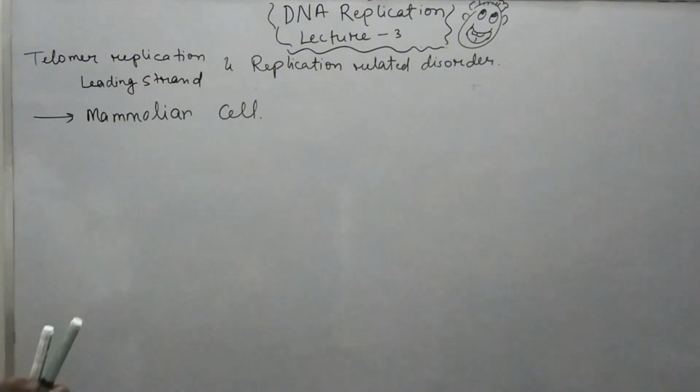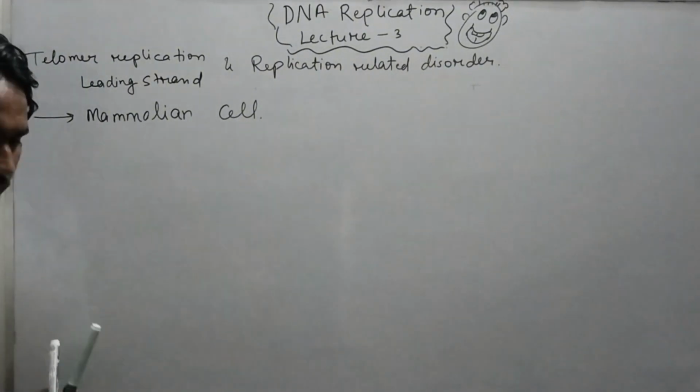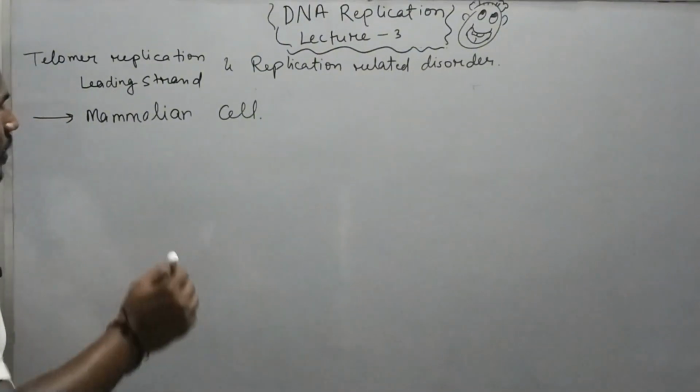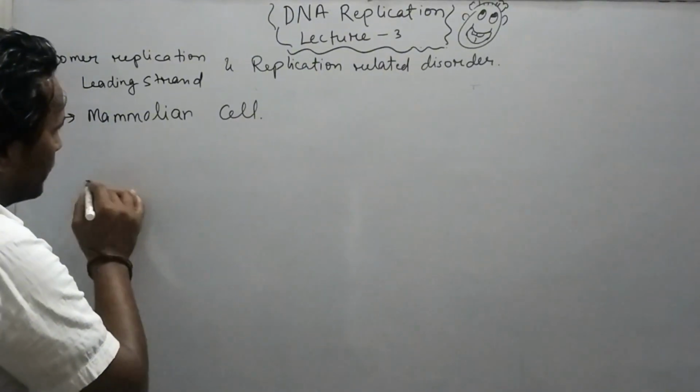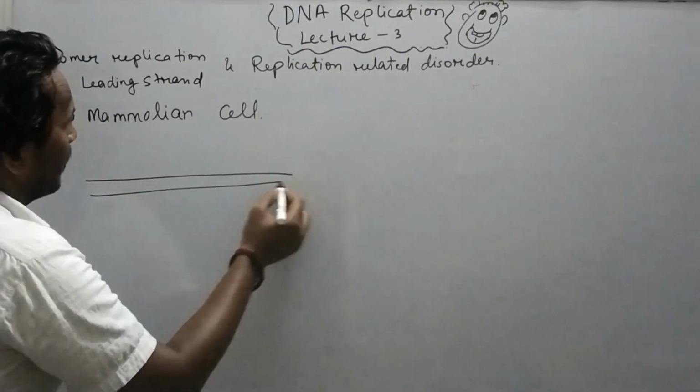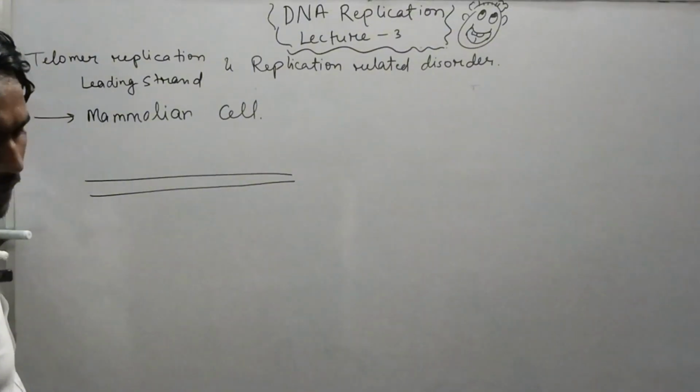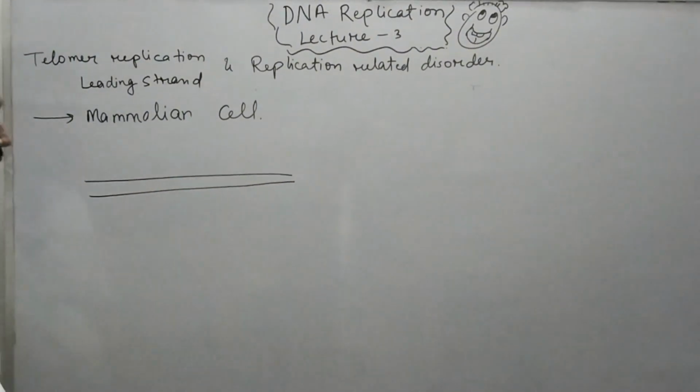So we have a telomerase, and this is our DNA sequence, and this DNA sequence has an extra 3' end.